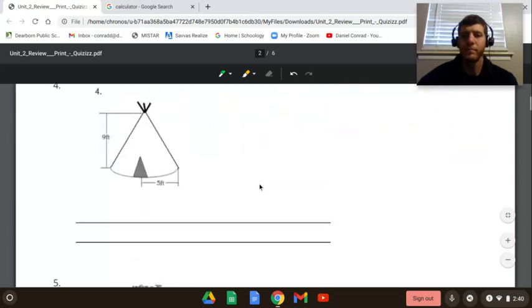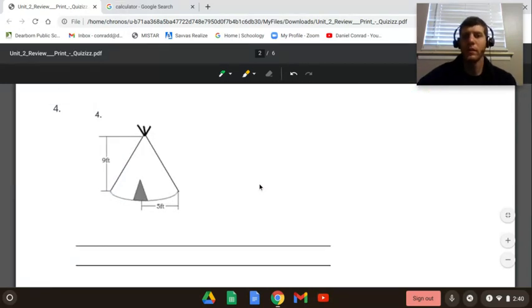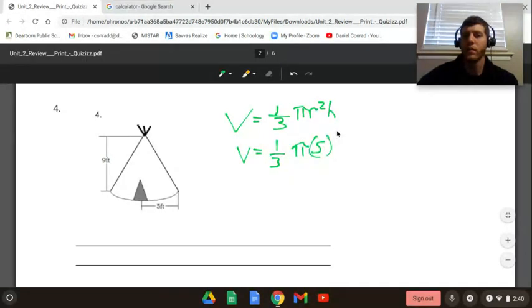Okay. Here we have a cone. So the volume of a cone is 1/3 times the volume of a cylinder. So 1/3 times pi r squared h. Okay. So they give us the radius here is 5. So 1/3 pi 5 squared times the height, which is 9.